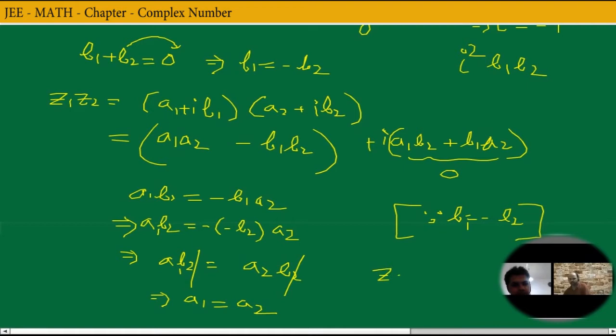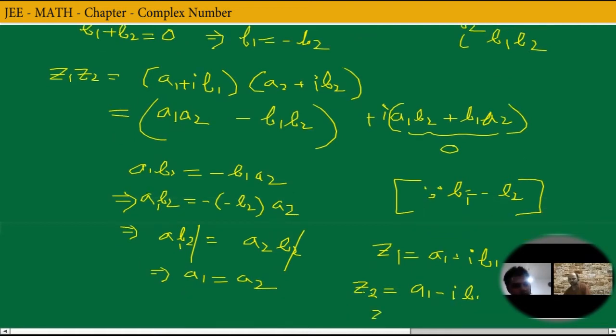So z1 you got a1 plus i b1, and z2 you got a2 plus i b2. Now we are trying to substitute the value of z2 here: a2 is equal to a1 and b2 is equal to negative b1. So don't you think z2 is equal to z1 bar?